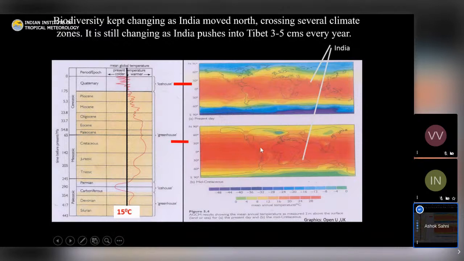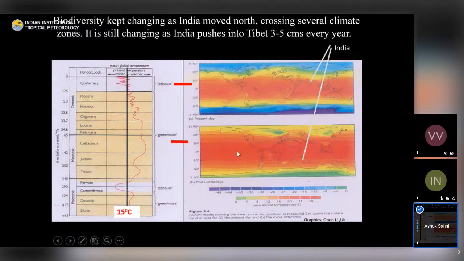In a greenhouse Earth, as you can see, the equatorial and the tropical zones are expanded. Whereas if you look at an ice house Earth, where India is right here in the northern hemisphere, you'll see that there are a number of thermal regimes. There are more thermal regimes here.